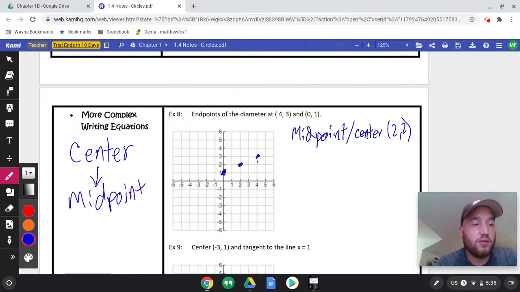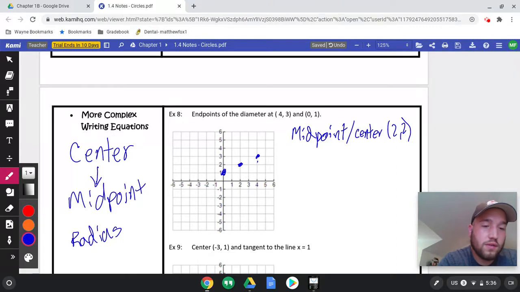Now we have to be careful. Our radius, another way to think of that is just a distance, okay? So it's also known as a distance. The distance from the edge to the center in a straight line.